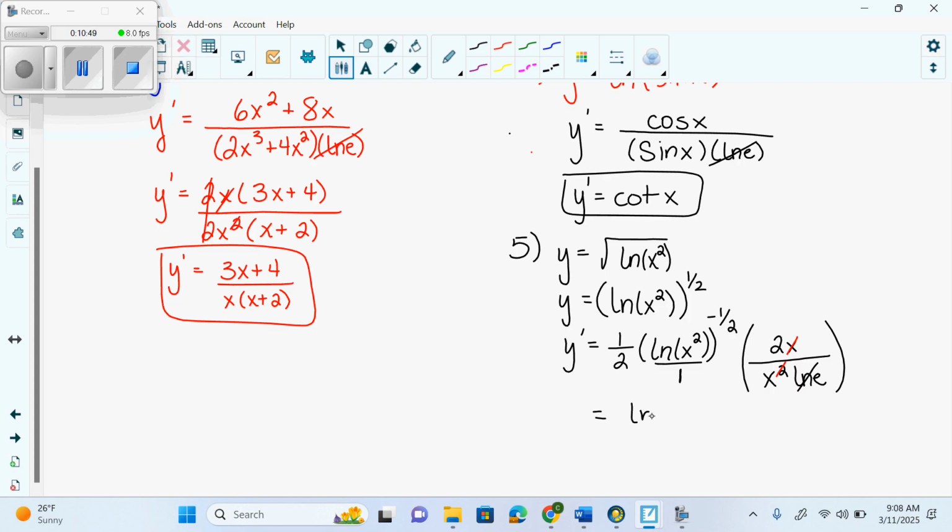So we'd have ln x squared to the negative a half, which I'm going to move in a second, times 2 on the top. And then on the bottom, I have 2 times 1 times x. You cancel off the 2's, and they're going to do something else. Then move that to the bottom.